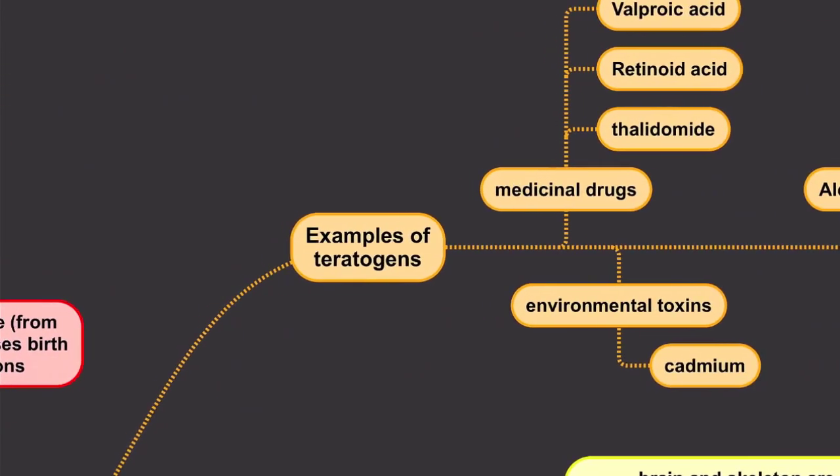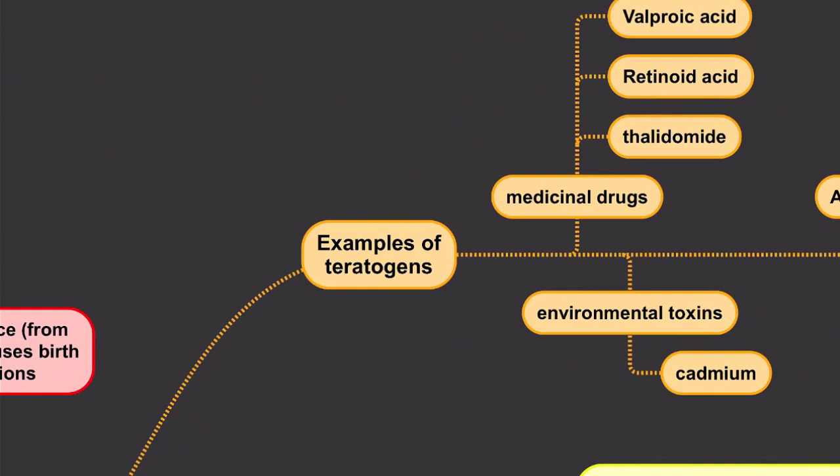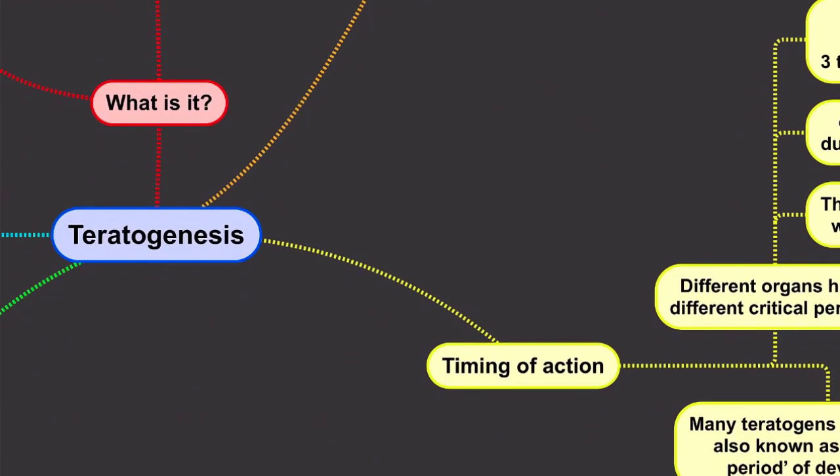The second part of your answer is going to be examples of teratogens, because after all, teratogenesis is brought about by teratogens. Then you will come to the functional part of teratogens, and there are two parts of teratogenesis.